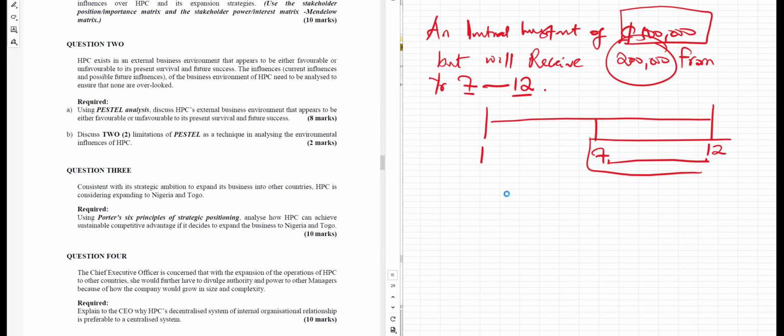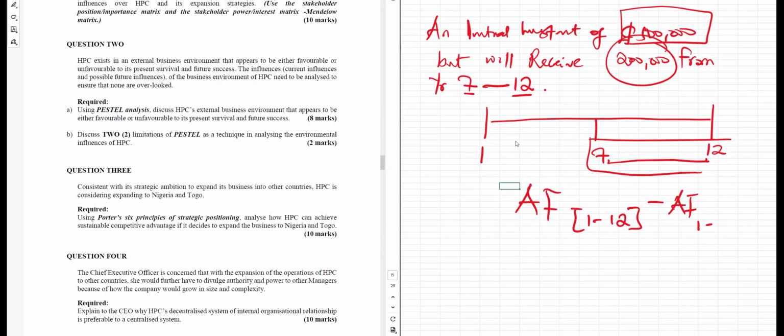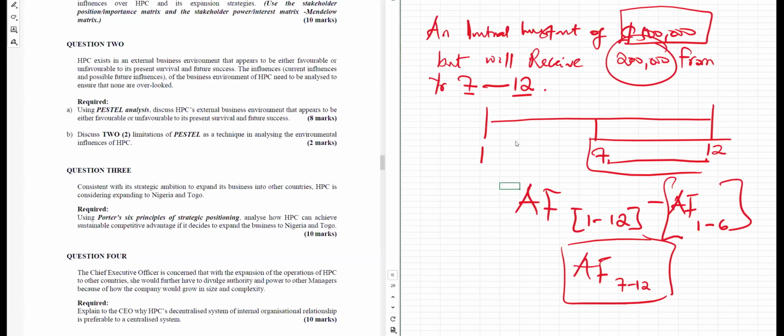Then deduct the annuity from year 1 to year 6 from it. Then you end up with the annuity from year 7 to year 12. That is it. Makes sense now? Yes, sir.